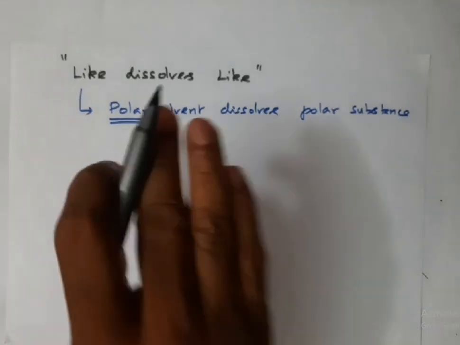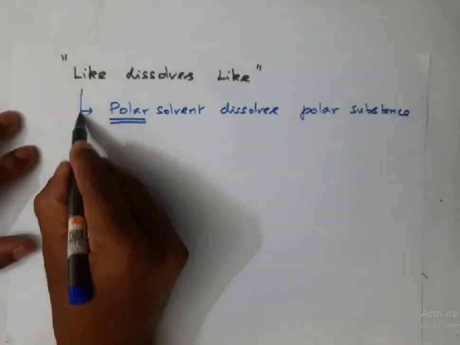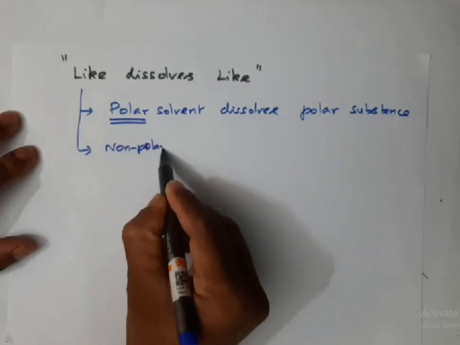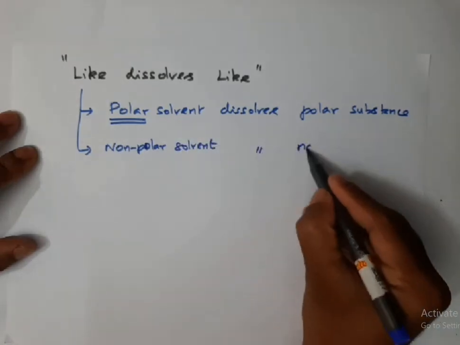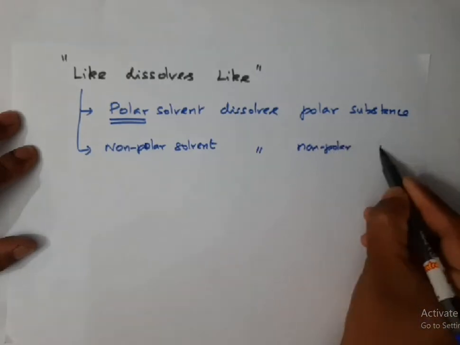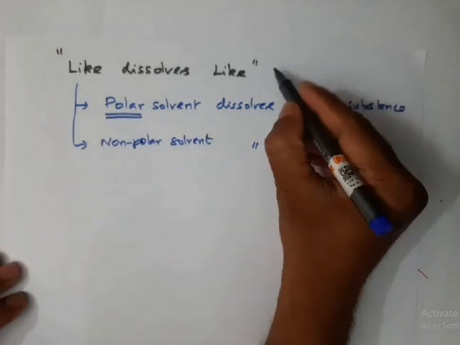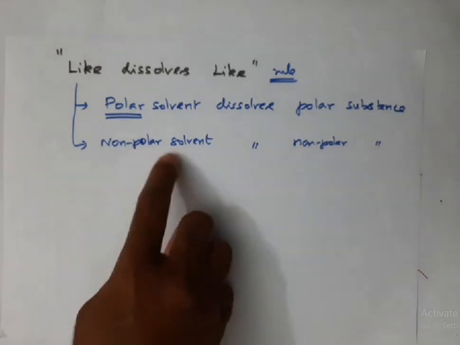Similarly, a non-polar solvent dissolves a non-polar substance. This is what we call the like dissolves like rule. According to this rule, if your solvent is polar, it will dissolve polar substance. If your solvent is non-polar, it will dissolve non-polar substance.